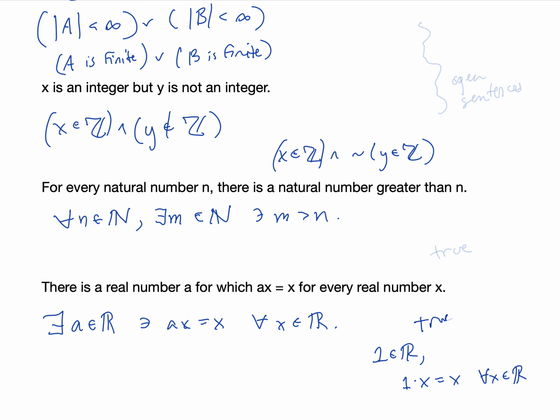This is a true statement, and these two are open sentences. The truth of these two phrases above depends on, in the first case, what the sets A and B are, and in the second sentence, what X is and what Y is. So those two on the top are open sentences, not statements.